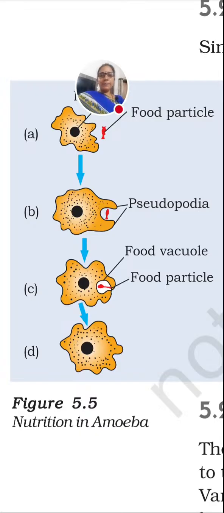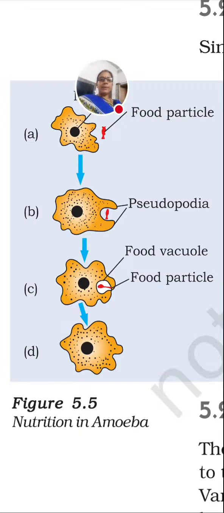So it has a particular site from where it takes in food. That is the only difference. Rest of all the points you will write the same as for the amoeba: ingestion, then digestion, then absorption, assimilation, egestion. Rest of all the things are the same. So this is how we completed nutrition.